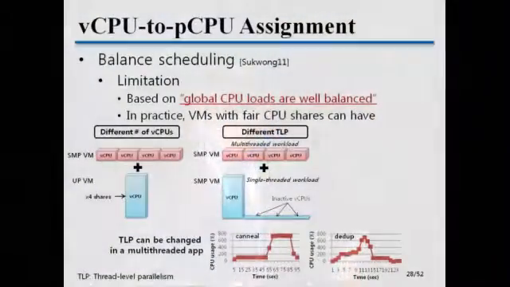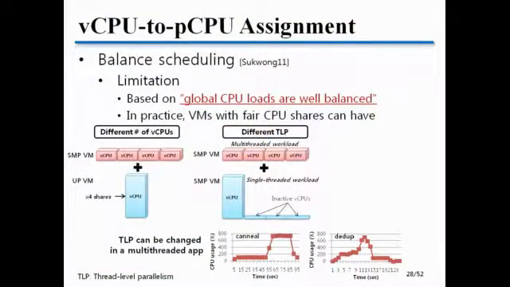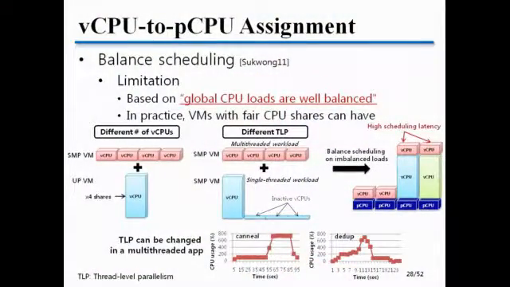Also, the thread level parallelism can change even in a multi-threaded application, like this figure shows the varying CPU load as time progresses. So in this case, the vCPU shares or loads can be largely different from each other. As you can see here, balanced scheduling can make an ineffective decision by placing the sibling vCPUs on the overloaded physical CPU in order to avoid vCPU stacking.